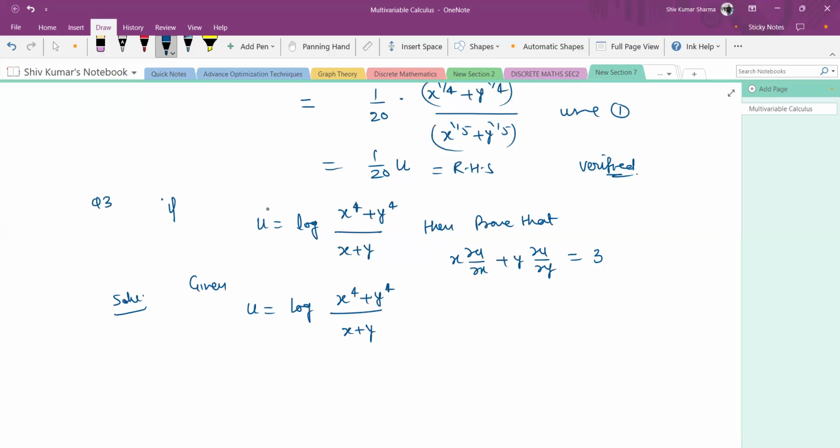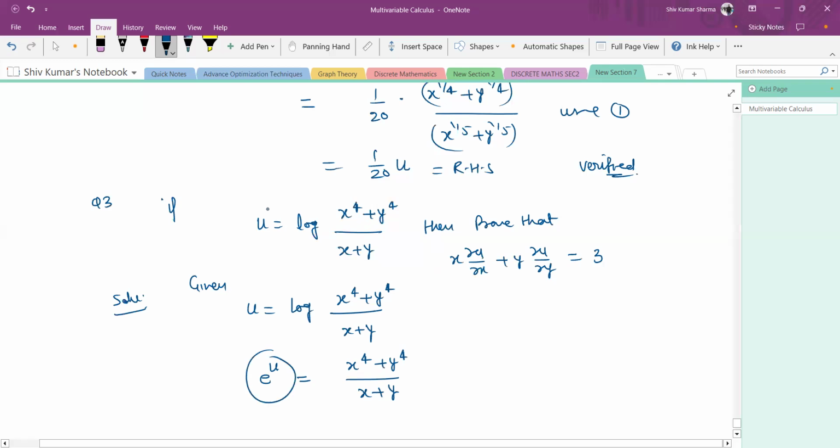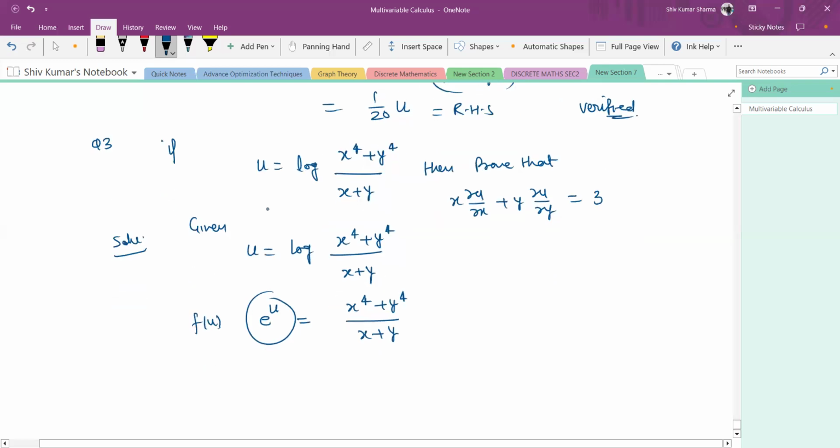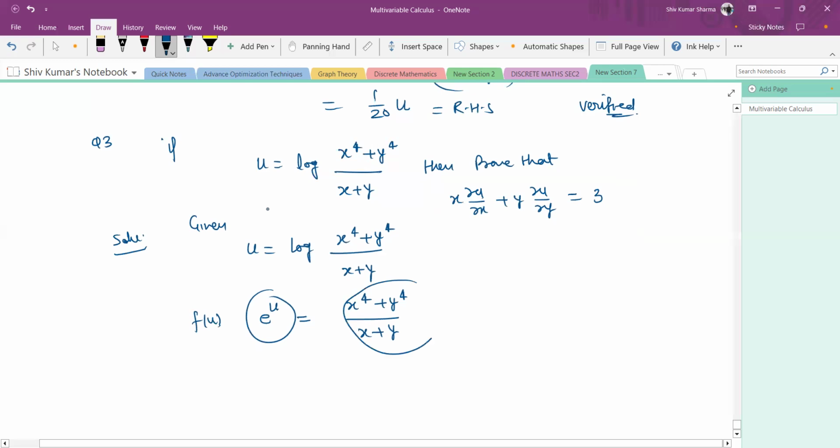When we take the anti-log, this gives us e raised to the power u is equal to x raised to the power 4 plus y raised to the power 4 upon x plus y. So here the u will change into f of u. Okay. So now when we calculate the degree from this function, the degree n is equal to degree of numerator minus degree of denominator, equal to 3.